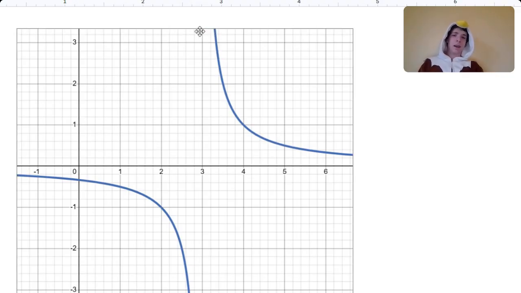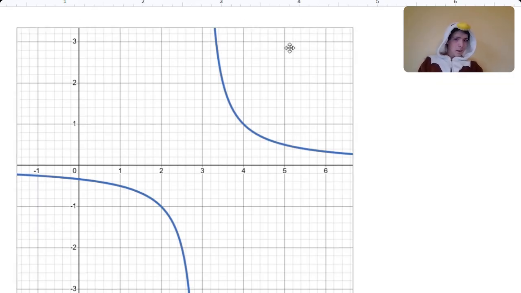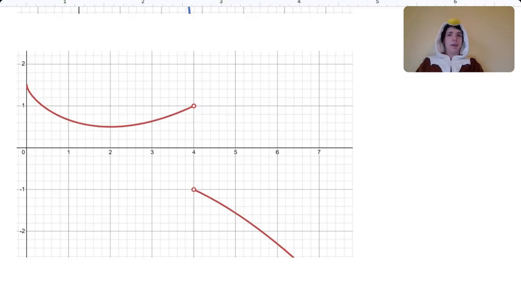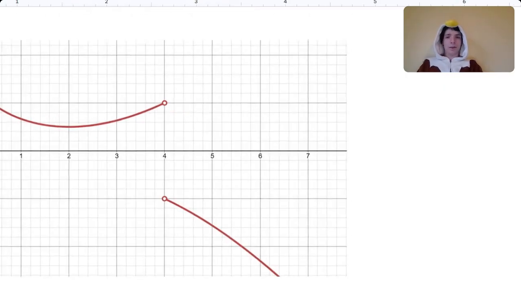And on the AP exam, there will be a dotted line in the middle where the vertical asymptote is, so it'll be more clear. But this is the Sunny and Gizmo catching the thermal sort of thing. It's an infinite discontinuity.